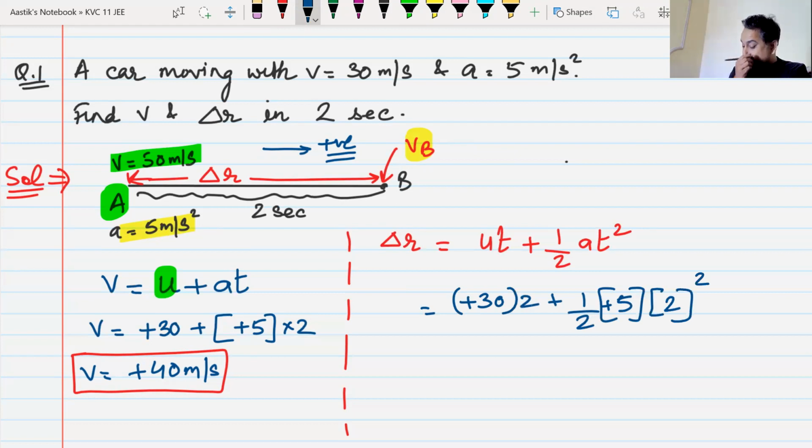I think you can tell me the answer of this. What is the answer? Plus 70, is that so?